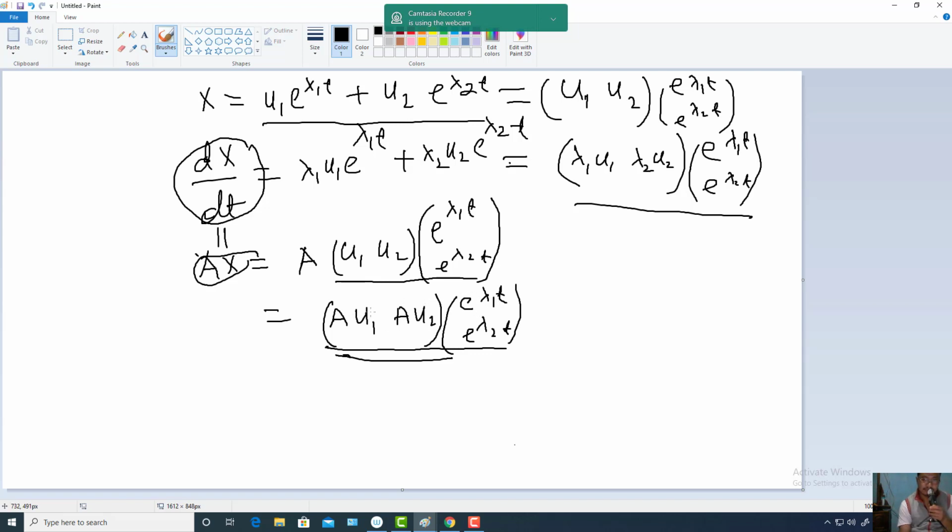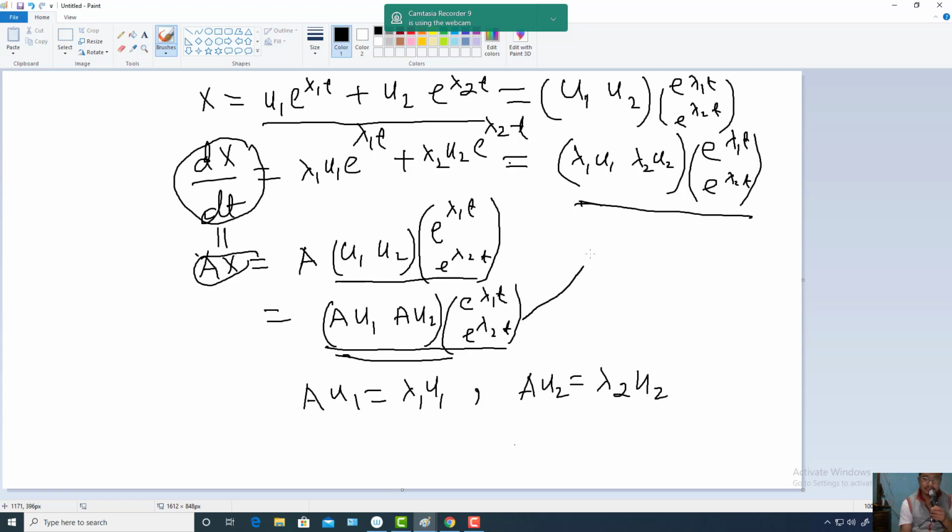Ultimately, after multiplication, you will get A u1 is equal to lambda 1 u1 and A u2 is equal to lambda 2 u2.